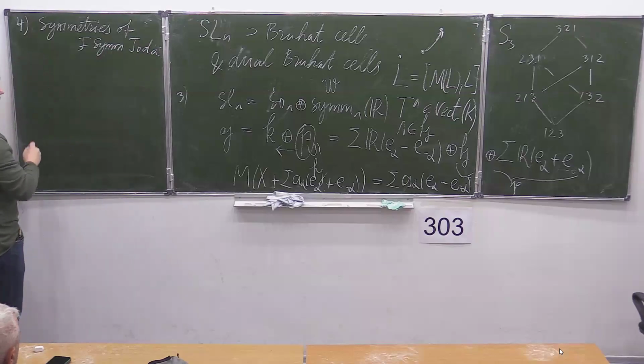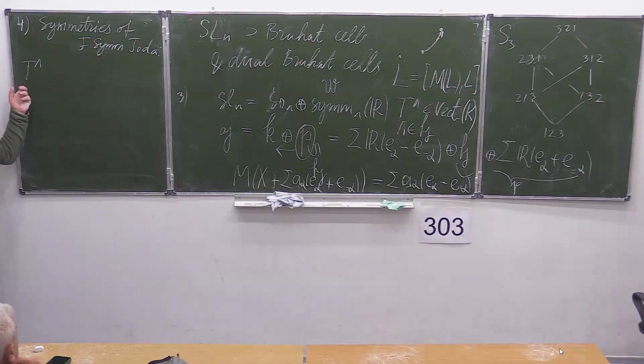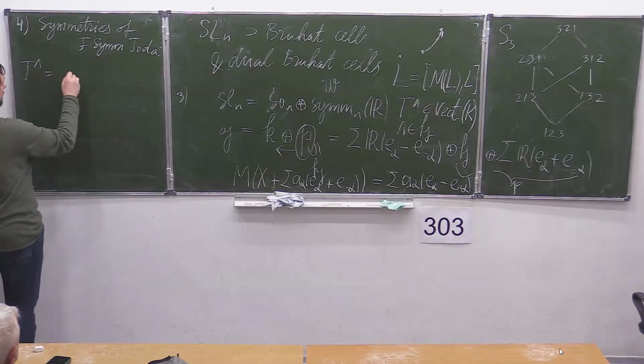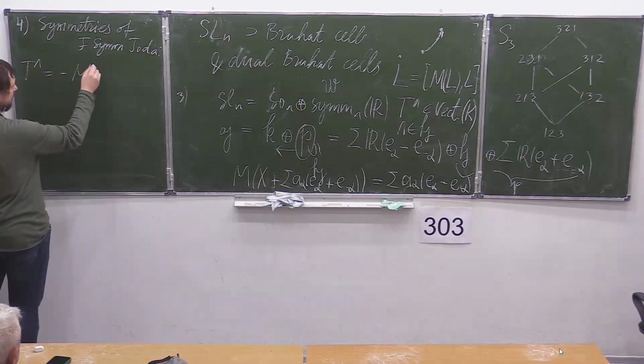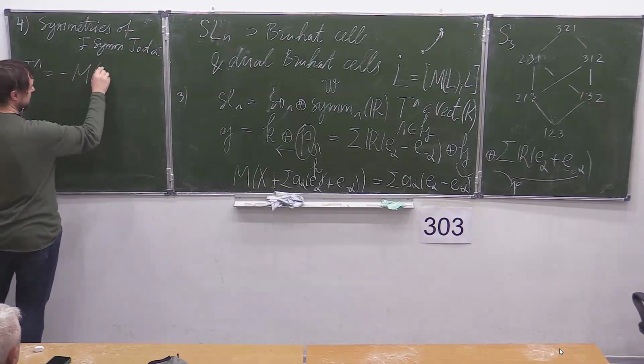To this end, I recall to you the definition of the Toda field. So I'm going to speak about the symmetries of the full symmetric Toda system in terms of the symmetries of the Toda field, which is the same for me. T lambda is minus or plus, I don't remember; it doesn't matter much.